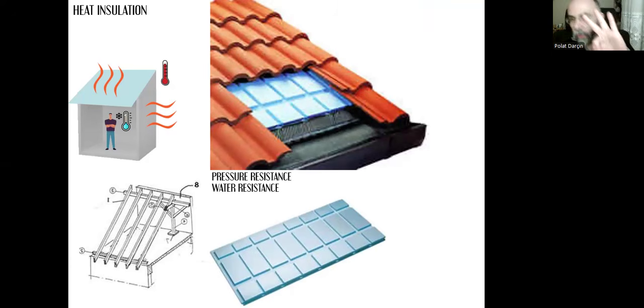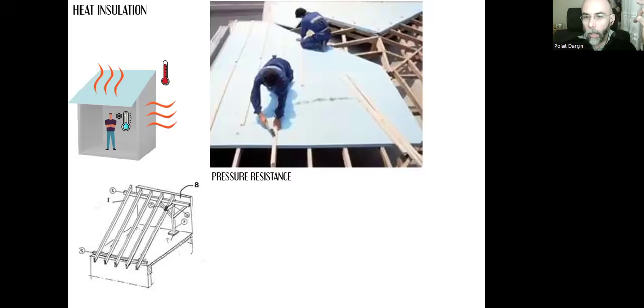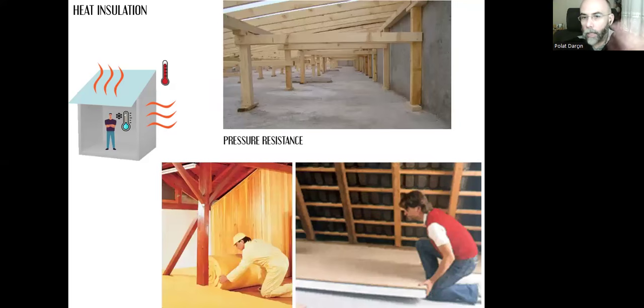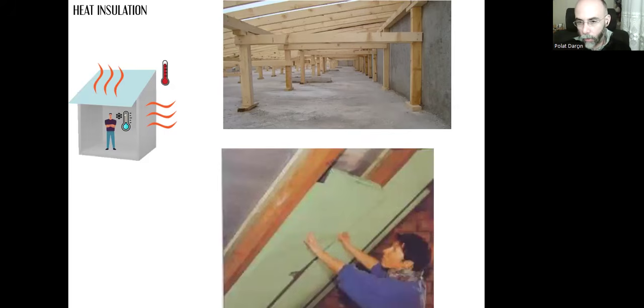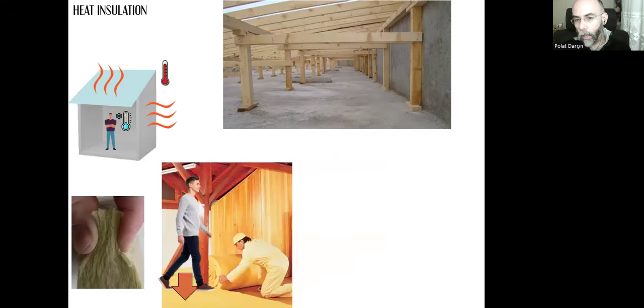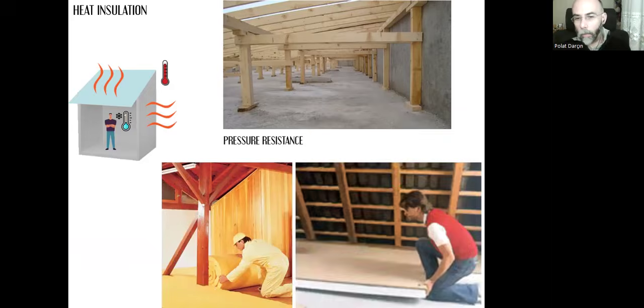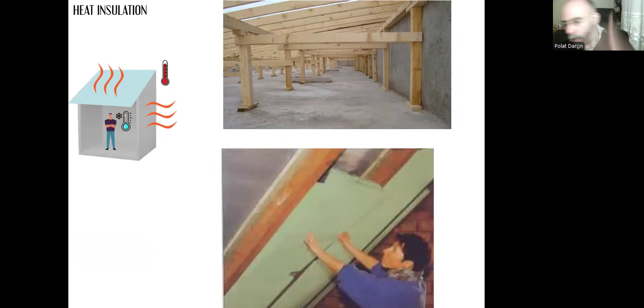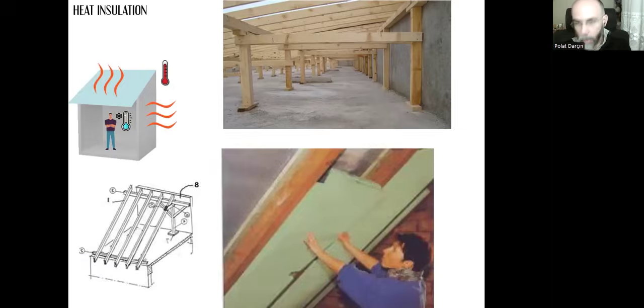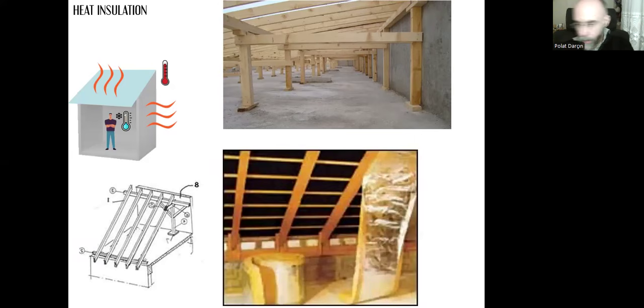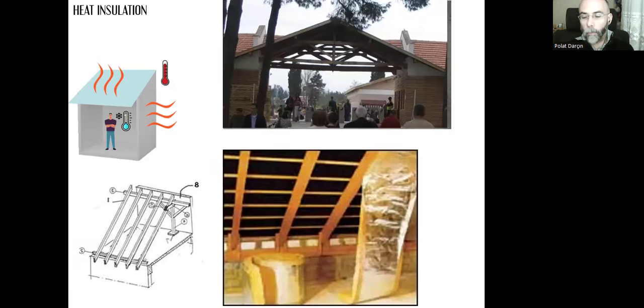So we have three alternatives. If the space in between the rafters and the floor is not going to be used, then we can cover the upper surface of this floor area. But if it's going to be used, because of the pressure, it will be crushed. We can use the same materials between the rafters like that. That's the second alternative, and it will help with the suspended roofs.